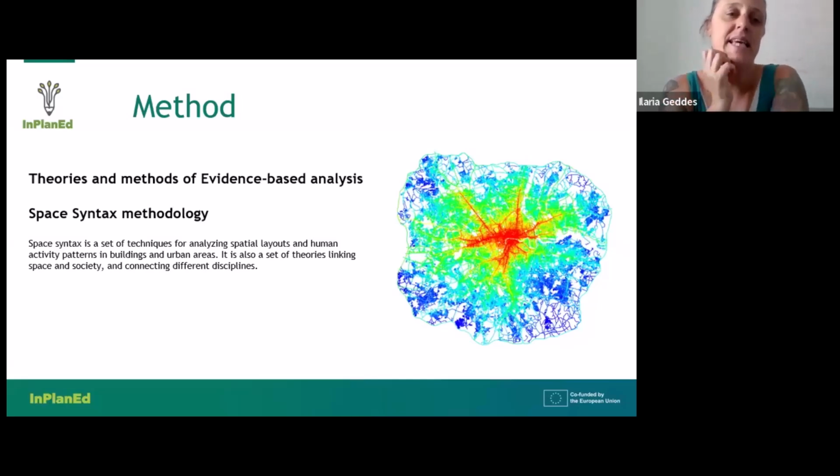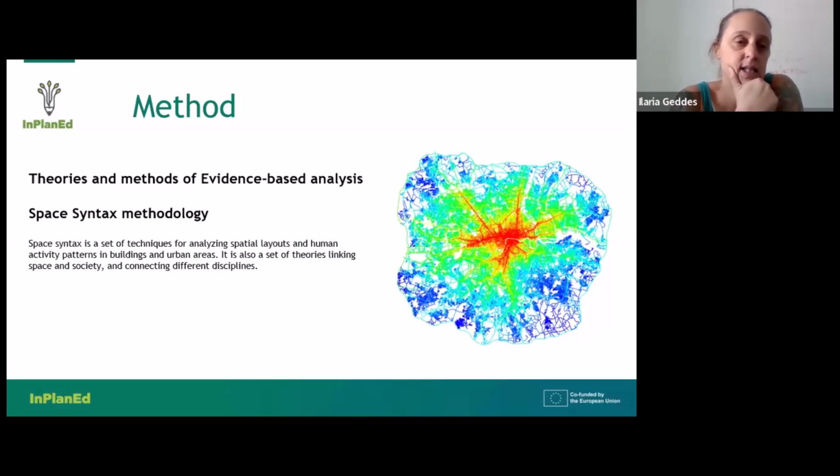But space syntax is a theory, but for our purposes now, let's say there is a set of techniques for analyzing urban environments, spatial layouts, so buildings or urban environments. And it analyzes environments in relation to human activity patterns. So how humans, how people use space.